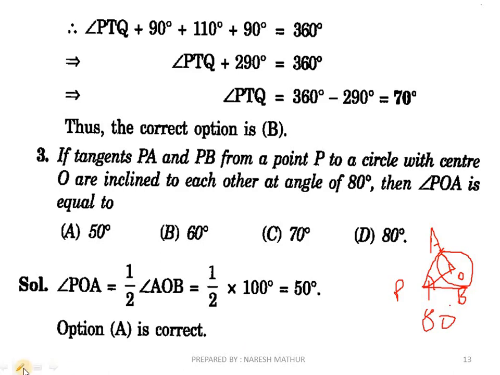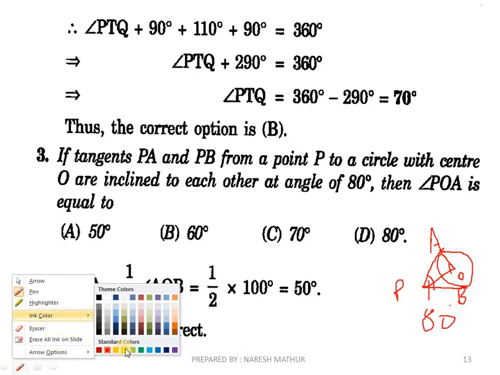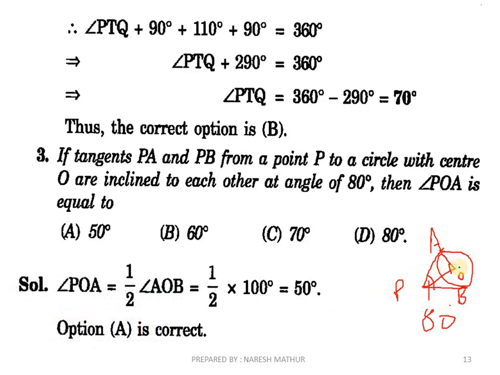What should be the angle AOB? Now see, angle P is given as 80 degrees, then it would be 100 degrees, and as we can see, OP is the angle bisector of angle AOB, so that would be half of 100, that would be 50 degrees. So A is the right answer.